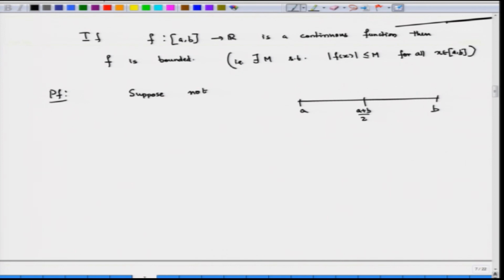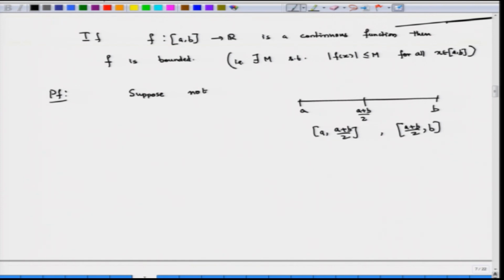If f is bounded on [a, (a+b)/2] and on [(a+b)/2, b], then f is going to be a bounded function on the closed interval [a, b].